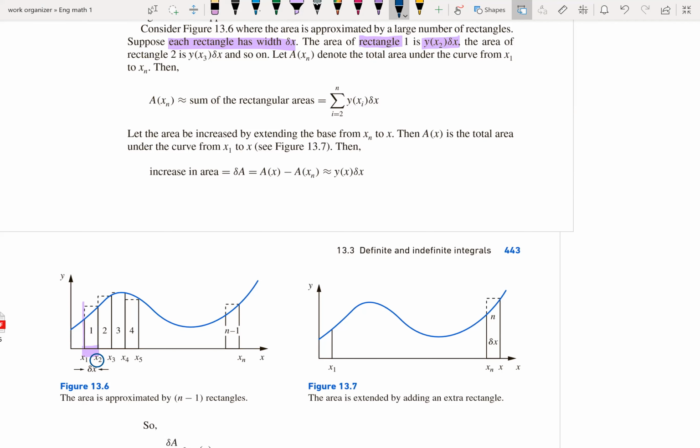Then for rectangle 2, it will be y at x3, multiplied with delta x here. So this is y at x3, and this is y at x2.